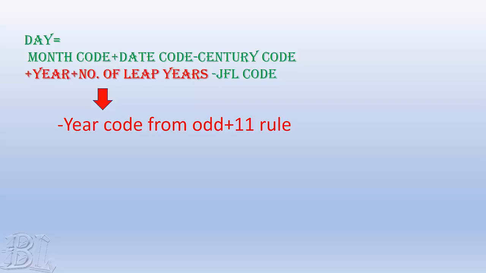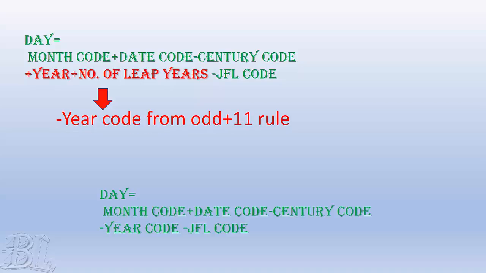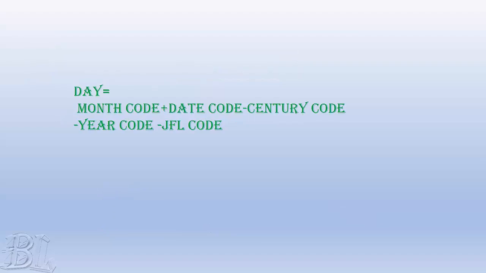For your information, the odd plus 11 rule is recently developed method of calculating year plus number of leap years in faster way. For details, you can see my videos, given in the description below. Finally, day equals month code plus date code minus century code minus year code minus JFL code, and finally take the remainder by 7. There you go, we have derived it.